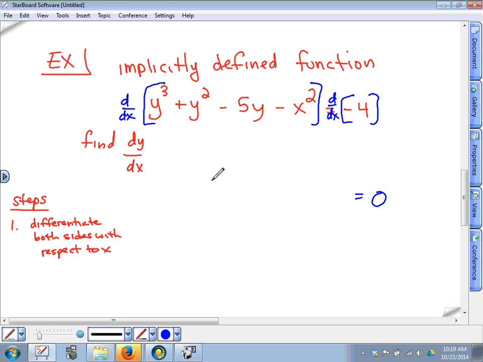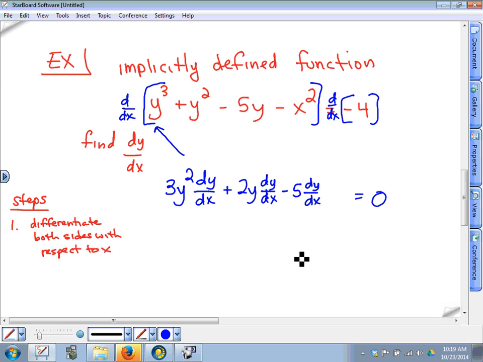So what's the derivative of y cubed? 3y squared dy dx. That's the derivative of the first term. Plus 2y dy dx. Minus 5 dy dx.